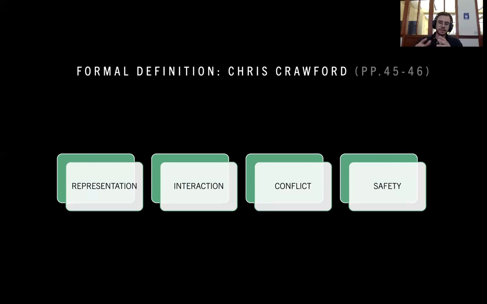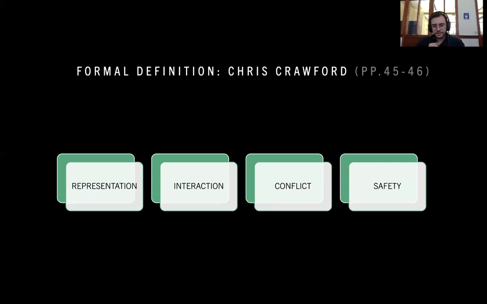And the game design or the level design poses various forms of conflicts through obstacles or enemies within the game space. And safety is the last aspect CRAWFORD names, and safety is us playing and being in a safe environment.